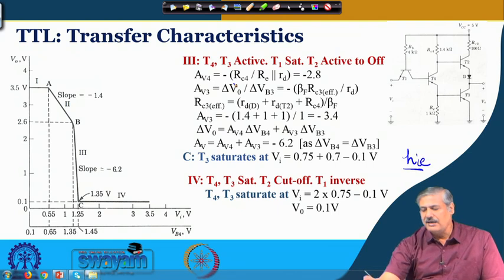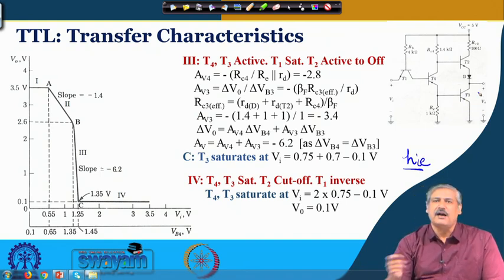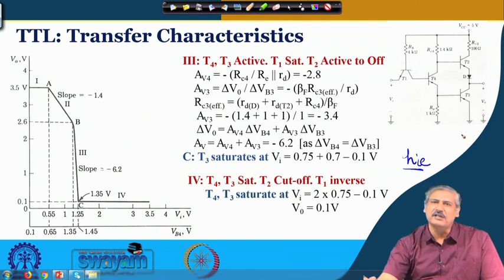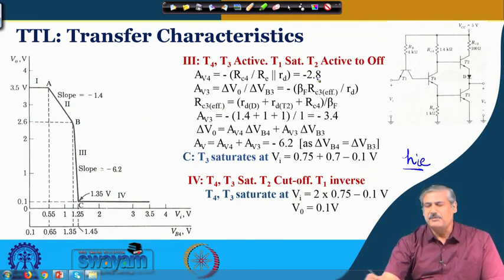And RD is of the order of 1 kilo ohm, similar to this. Of course, the more current flows, we know the current versus voltage curve, at higher current the RD value will come down. So, this will not remain exactly at this value, but gradually this denominator will become less. But for our approximate calculation, this is sufficient.